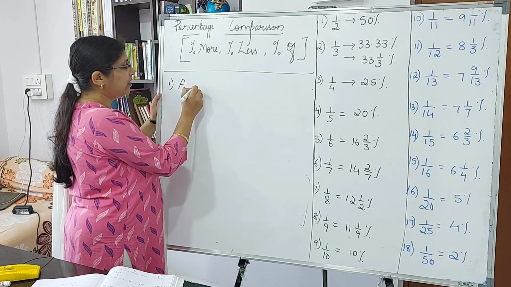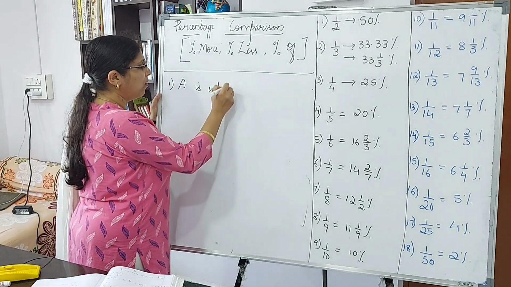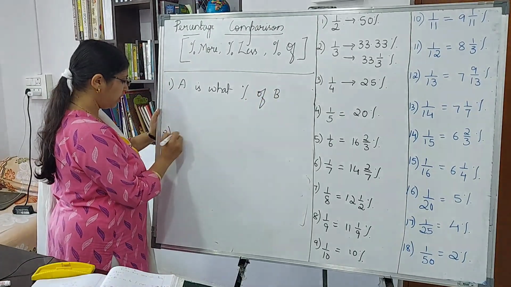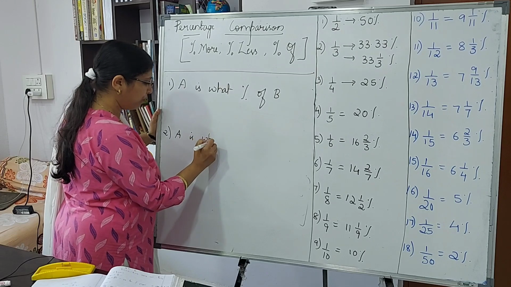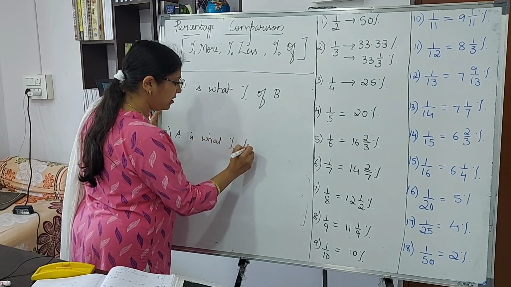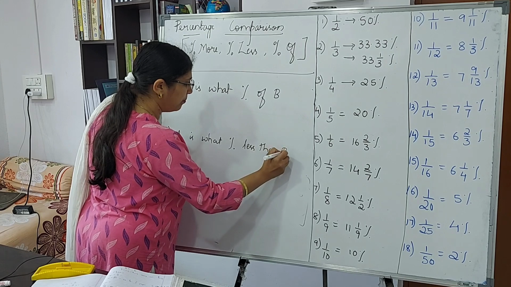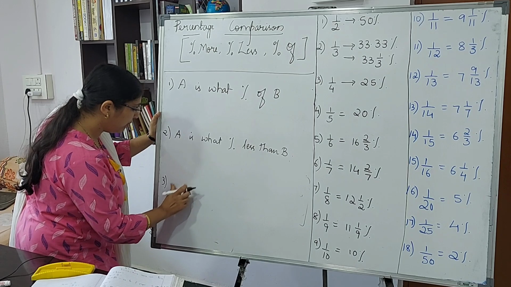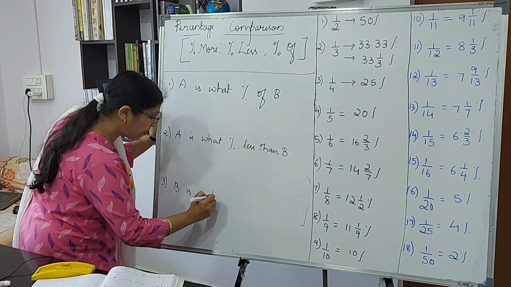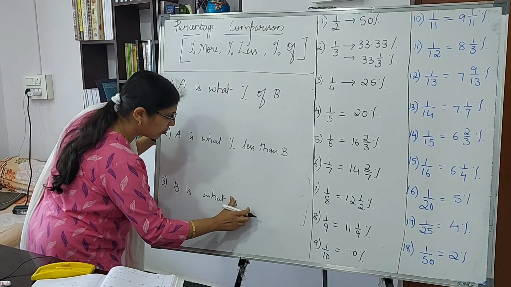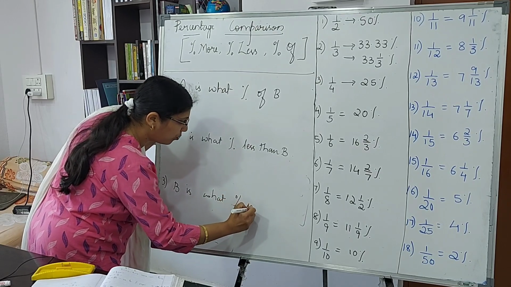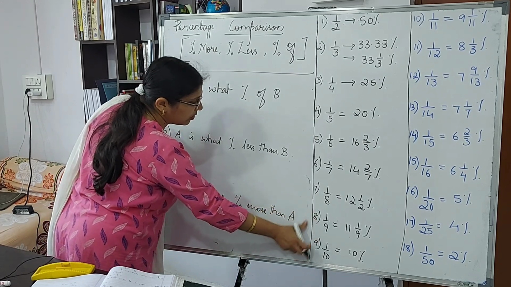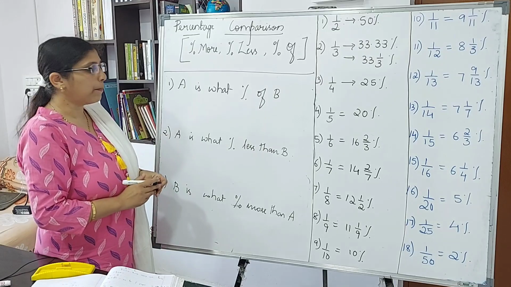First is A is what percent of B. Then A is what percent less than B. Then we have B is what percent more than A. Okay, these are the three things where comparison takes place.